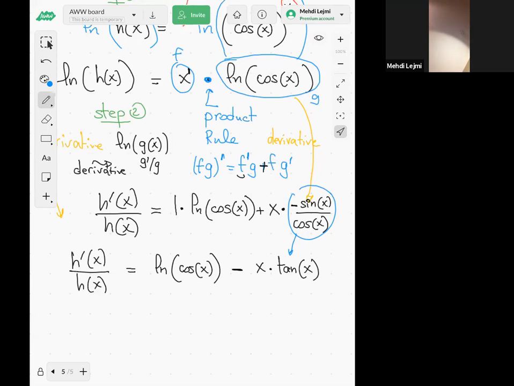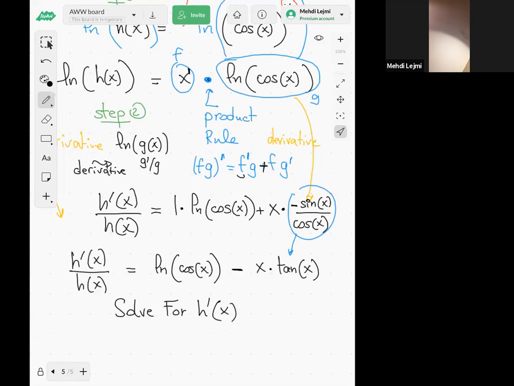So now I want to solve for h prime. So we have to solve for h prime of x.